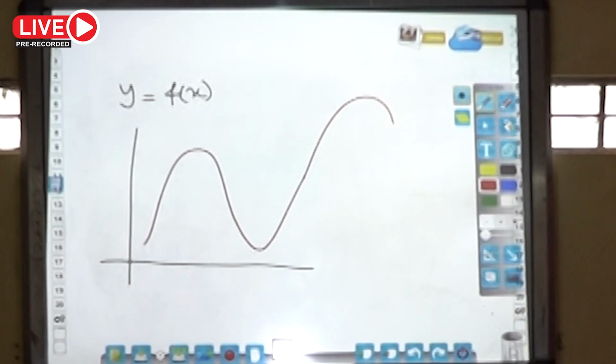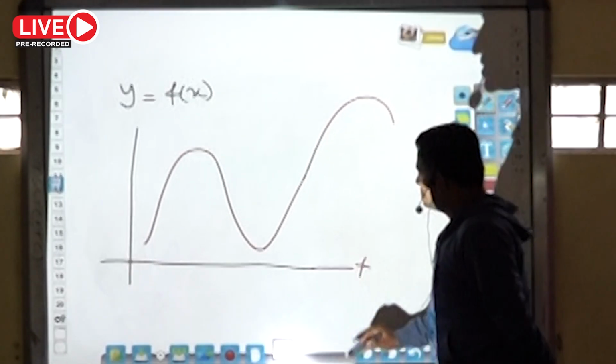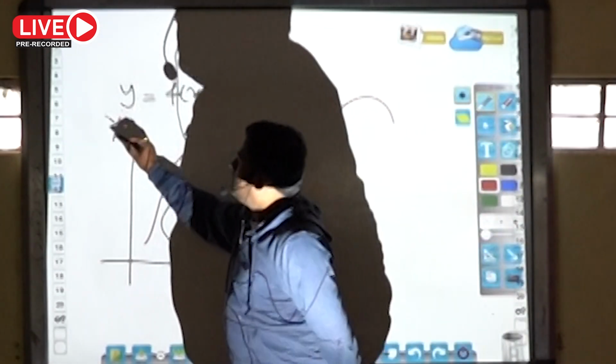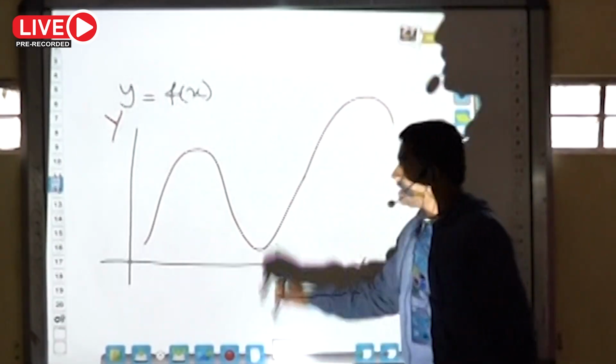Now we have to first find out the points where the tangent to the graph is a horizontal line to the x-axis. This is our x-axis. This is the y-axis. Tell me how many points are there in the graph in between.